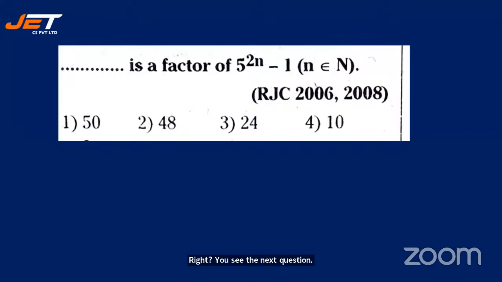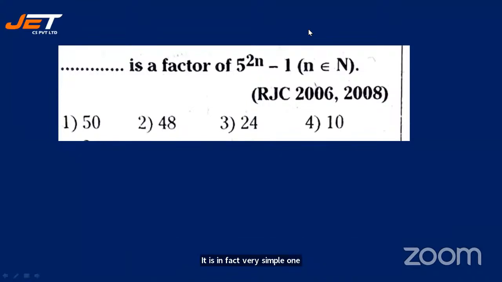Dash is a factor of 5 power 2n minus 1, where n is an element of N. Yes, I'm sure you would have understood. Let's see how many are going to give me the right answer. It is, in fact, a very simple one.